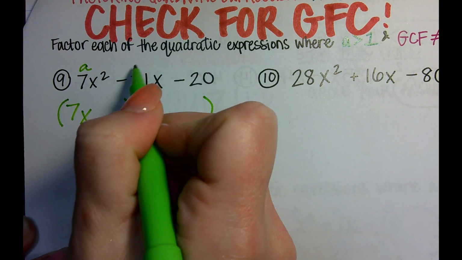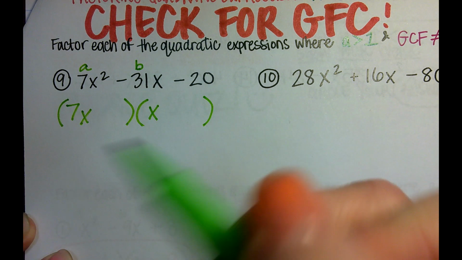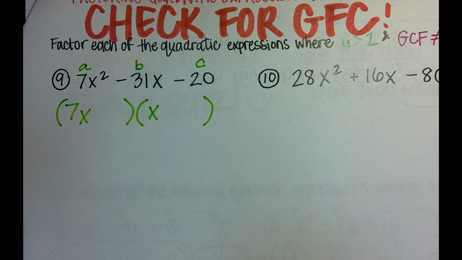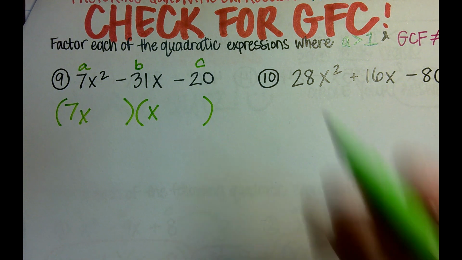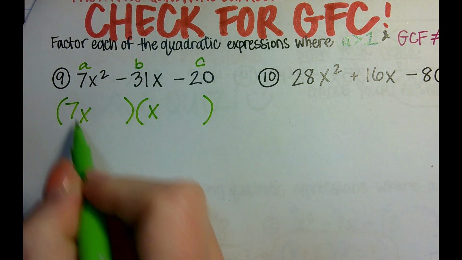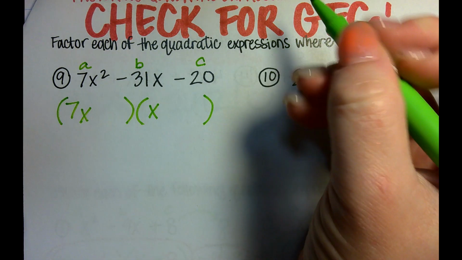My a is 7. My b is negative 31. And my c is negative 20. So now that I have my empty parentheses here, what should I do next?